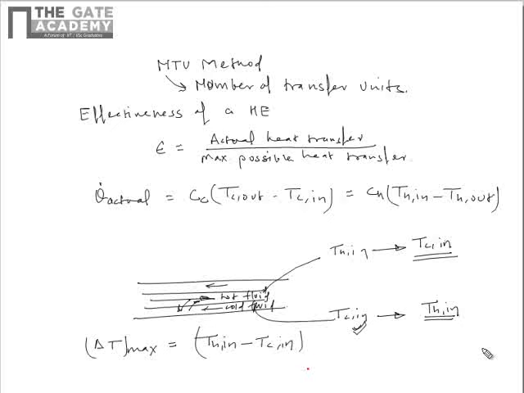And if we have two fluids, the fluid with minimum heat capacity will reach the maximum or minimum temperature first. So Q dot max can be given as C minimum (Th in minus Tc in).